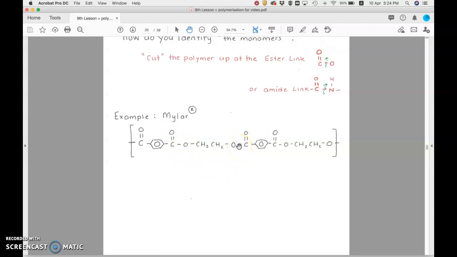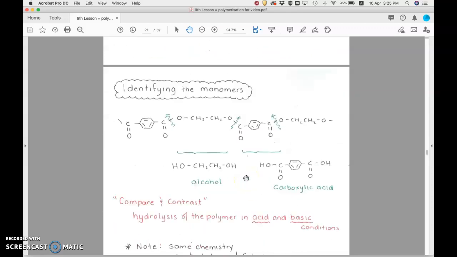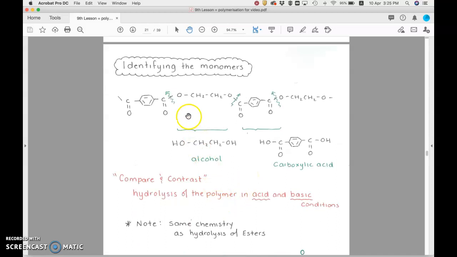And you'll always get a hydrogen going onto a single oxygen, and an OH group going onto the carbonyl carbon. So that's showing you the split. Okay, so that's where it's splitting at those ester links, and then you put the H onto the single O's, so you get your diol back, and you'll get a carboxylic acid back.